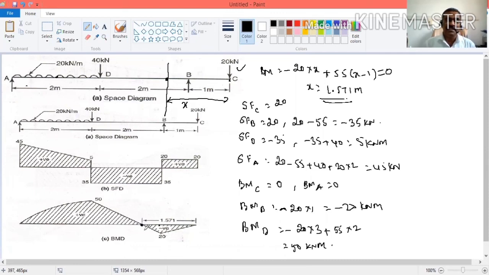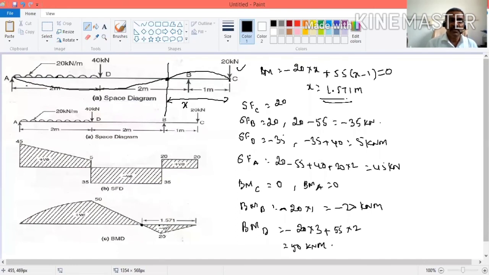Flexure is changing. Here the bending moment is negative, and here it is positive, as we have already discussed. When bending moment is negative, what type of beam is it? One is hogging, another is sagging. If it is positive, that is sagging. So here, at the point 1.57, the beam will bend like this, and after that the beam will bend like this.